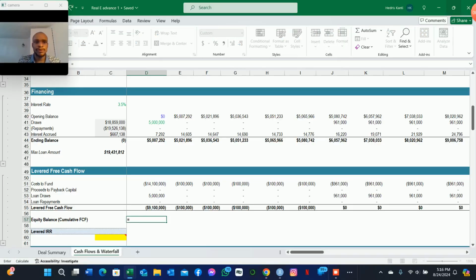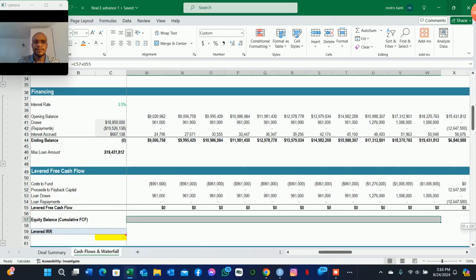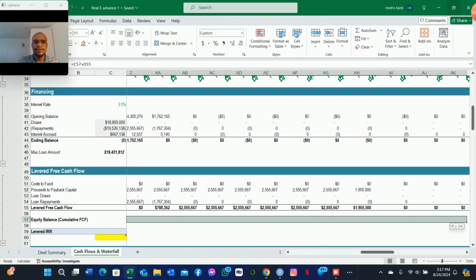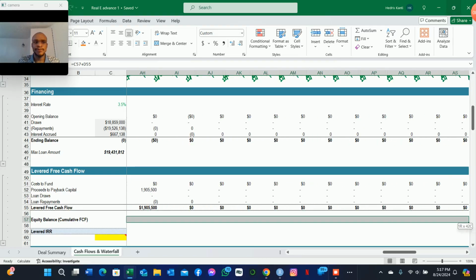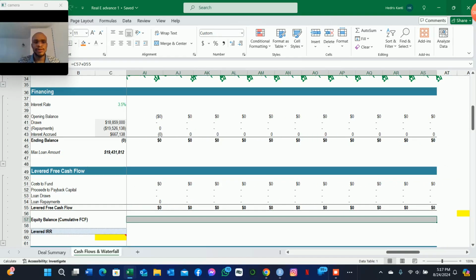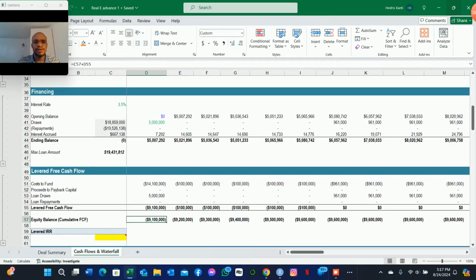In this case, it's just the prior period, and then we add the current period balance. We take this all the way to the right, we fill it with Control R. So this is where we're gonna get our peak equity later on.